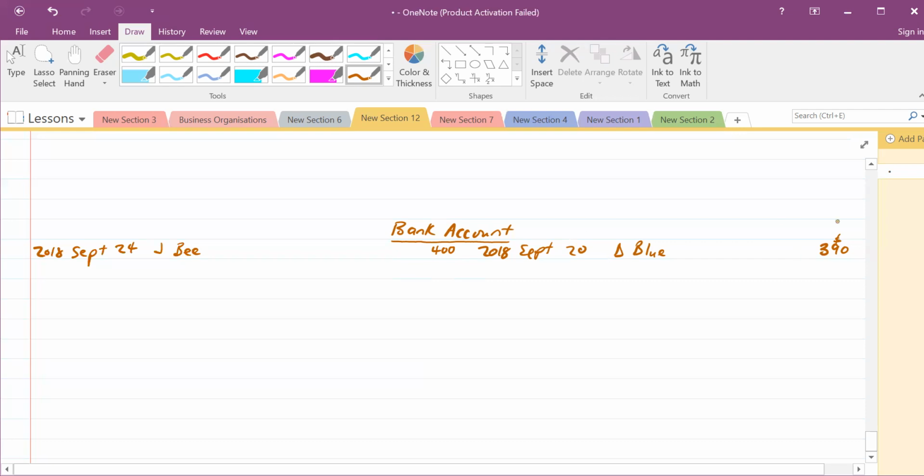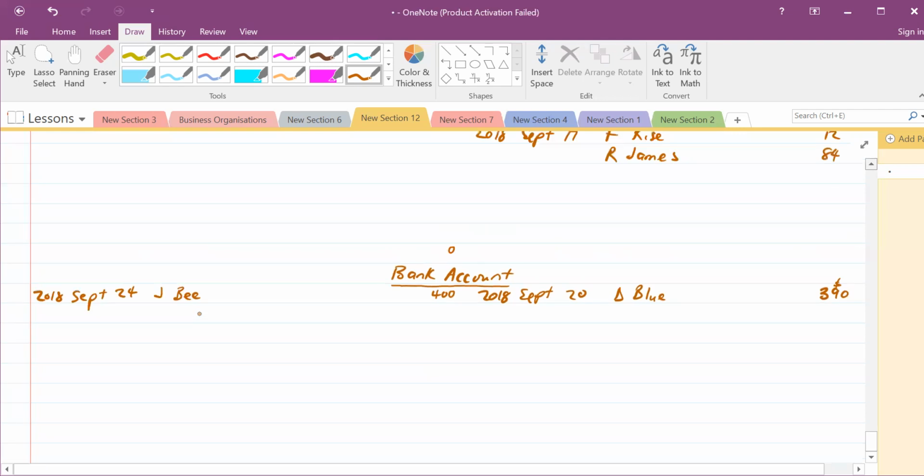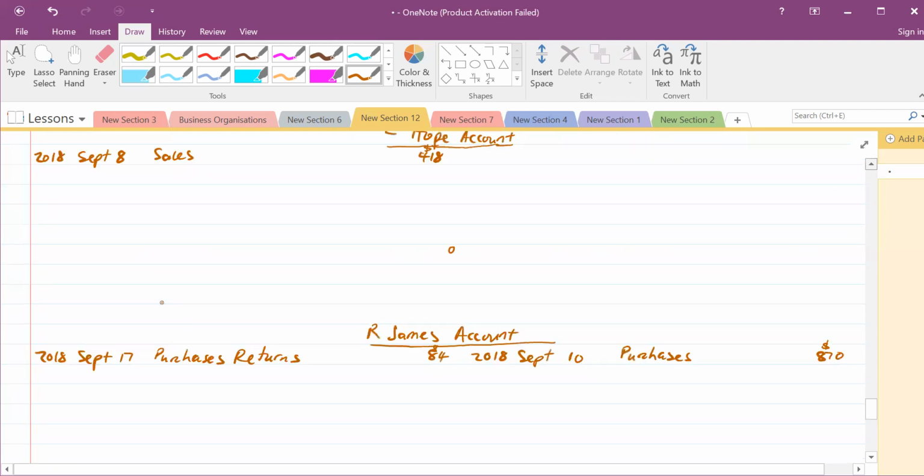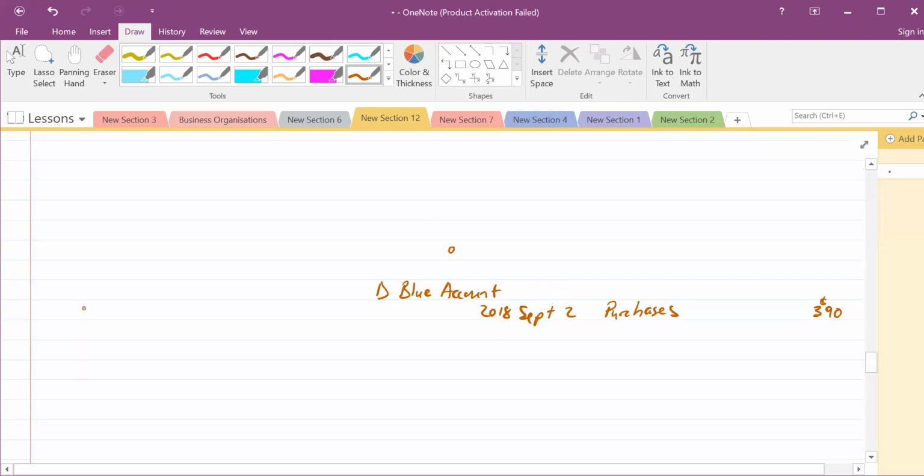Let's complete the double entry for the 20th of September and the 24th of September. We go to DBlue's account. Over there, we paid them because they're creditors, and when creditors are decreasing, we debit.